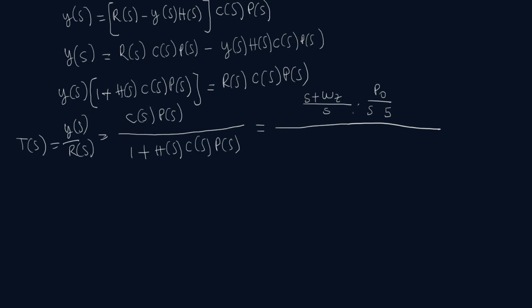So that's s minus 5. C(s)P(s) over 1 plus H(s), which is 1 over s plus 10, times C(s)P(s), which is P0 times (s plus wz) over (s minus 5).